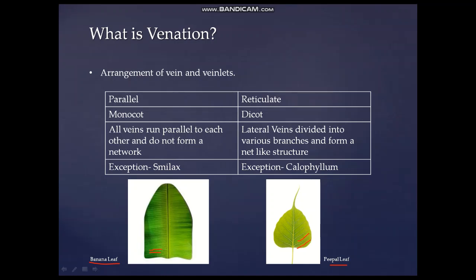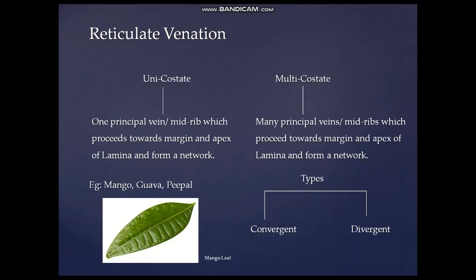Now the reticulate and parallel venations are further divided, on the basis of the midrib, according to how the veins reach from the petiole to the apex. They are of two types, unicostate and multicostate. Uni means one, costate means rib.